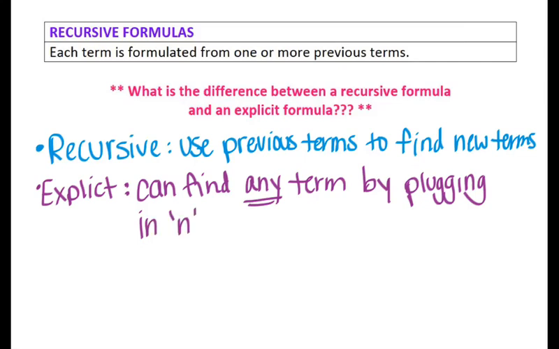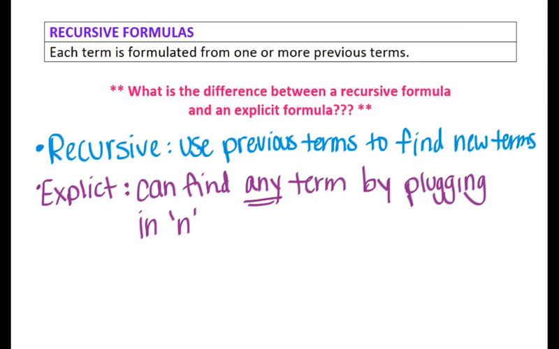If I want to know the 20th term, all I would have to do is plug in 20. So explicit formulas are better for bigger sequences, where if you just wanted to know the 20th term, you just plug in 20 for n. With recursive formulas, you would have to know all of the terms beforehand to be able to find a new term. If I wanted to find the 20th term, I would have to know the 19th term, and the 18th term, and so forth, since you use the previous terms to find new terms.